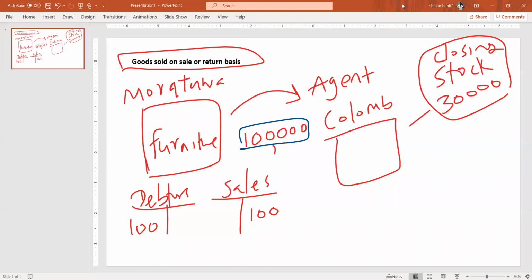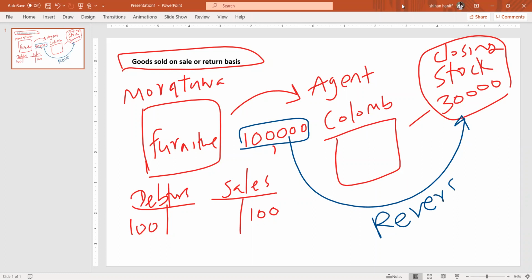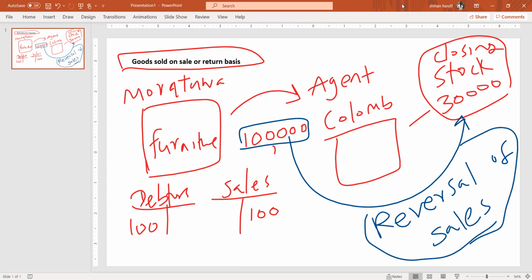So out of this 100,000, we have to deduct 30,000. This is not a sales return. This is a reversal of sales. So what to do is deduct from the sales account and deduct from the debtors account. It's not a sales return, it's a reversal of sales. So actually the debtors balance is 70, sales value is 70.